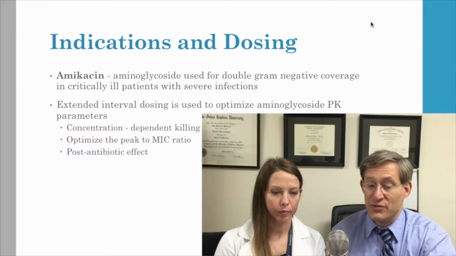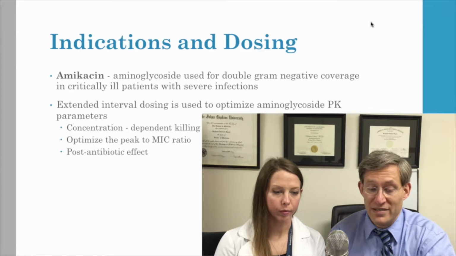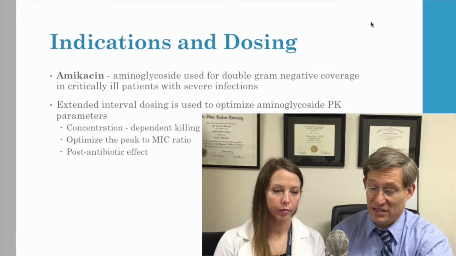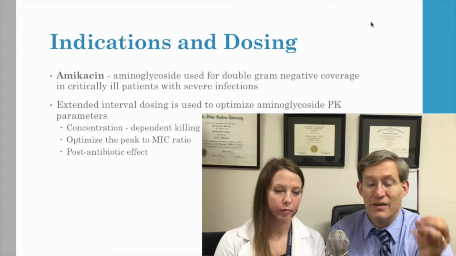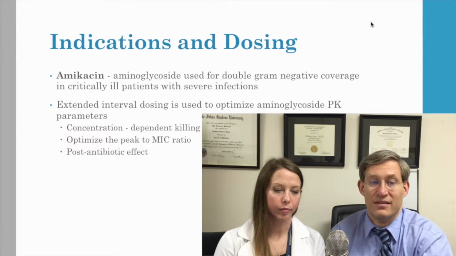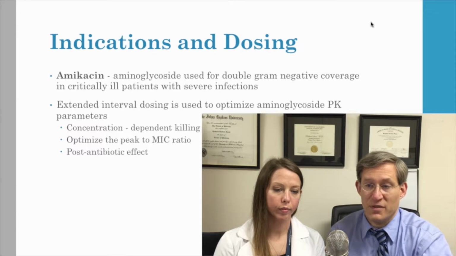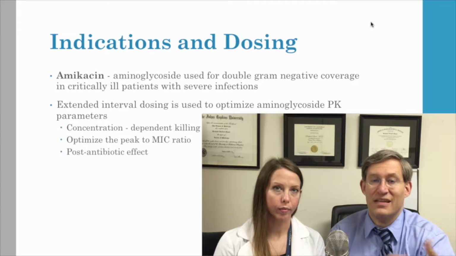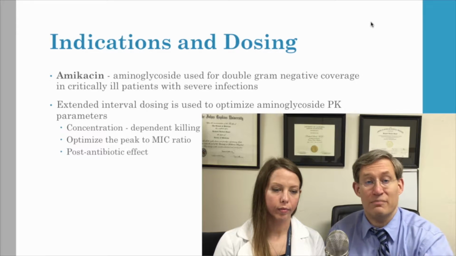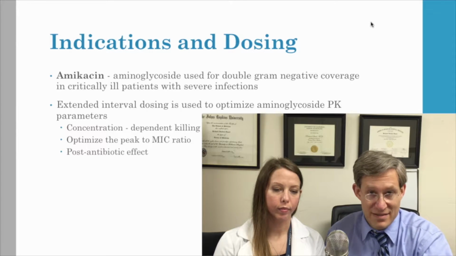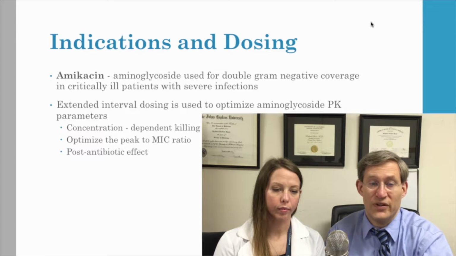And the interesting issue related to aminoglycosides is that they have, as is clearly documented in the slide here, concentration-dependent killing. The concept is that you are trying to strike a balance between maximizing the efficacy of the antibiotic and minimizing the toxicity of the antibiotic, which, as most people know, are nephrotoxicity and ototoxicity.